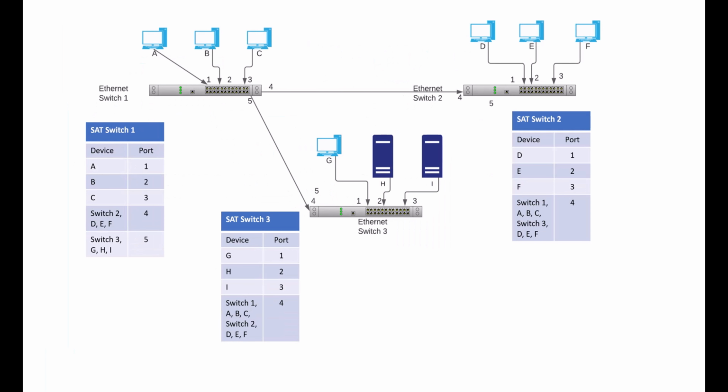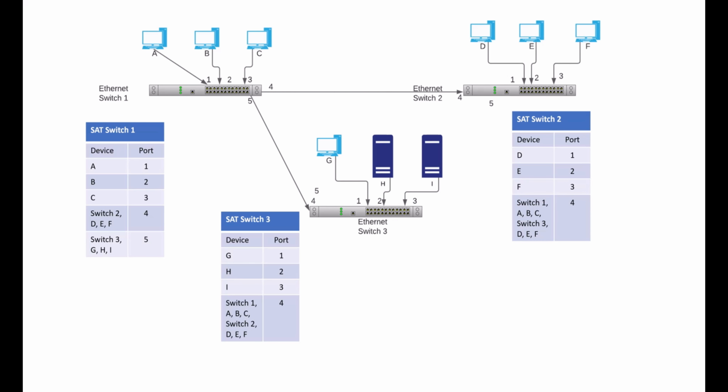So switches are intelligent, and I've gone over how they will determine what MAC addresses exist for devices that plug directly into them. For example, Ethernet switch 1 has computers A, B, and C plugged in, so it knows A is on port 1, B is on port 2, and C is on port 3.